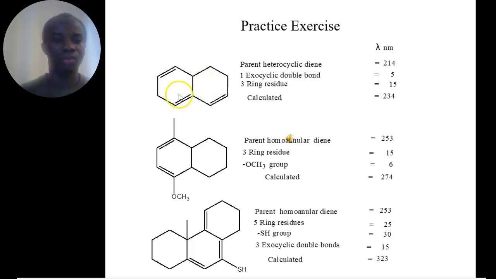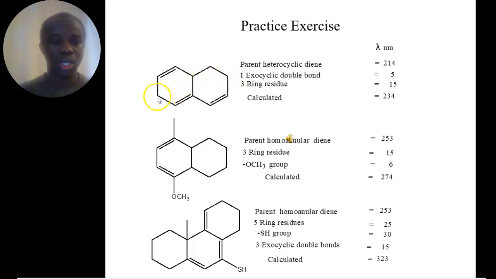Now here we have this double bond that is isocyclic. If you remember how I've described isocyclic, it is a double bond directly attached to a ring system, and at the same time it's outside our ring system. So this double bond is isocyclic to this ring because it is outside this ring and it is directly attached to the ring at this point. So we have one isocyclic double bond and there are three ring residues, which are 1, 2 and 3.